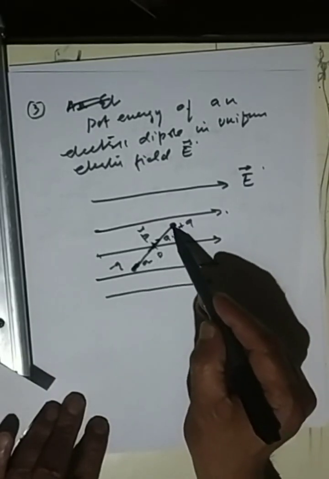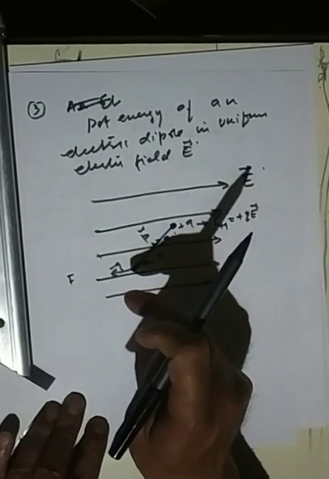Now, when we bring or arrange this dipole in this electric field E, there will be a force acting on the plus Q charge, that will be plus QE. The minus Q charge, because of the electric field, will experience a force of minus QE.